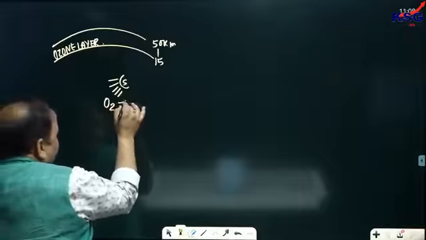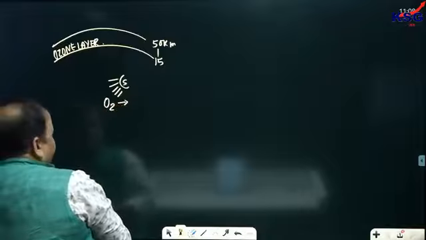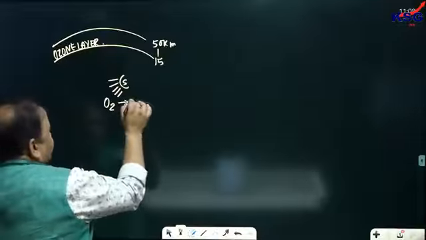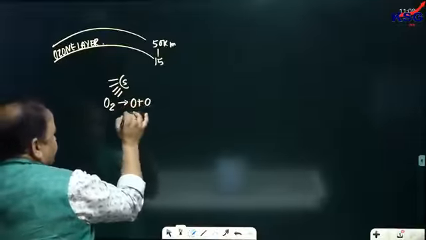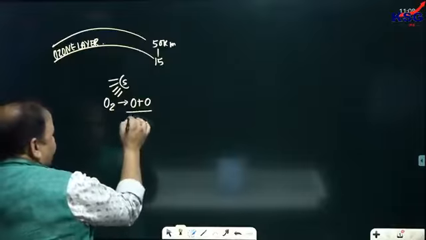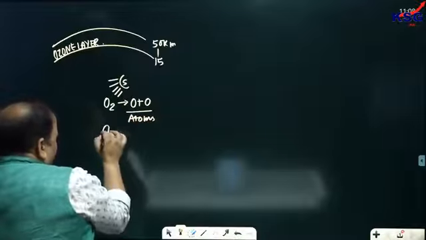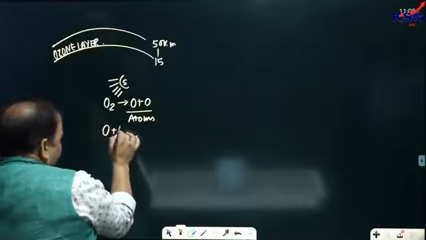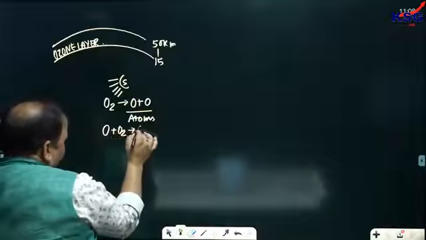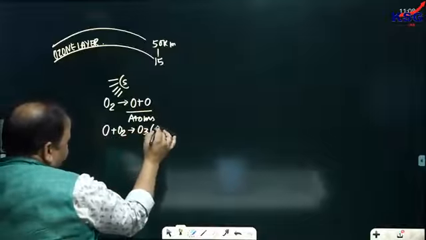So the oxygen molecules, because of impact of solar radiation, would be splitting to form O plus O as oxygen atoms, and the oxygen atom would be combining with oxygen molecule to form O3, which is ozone.